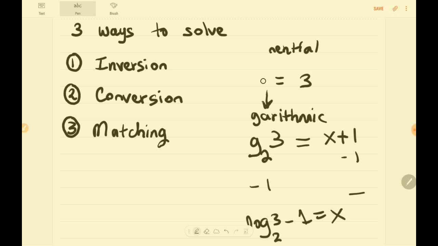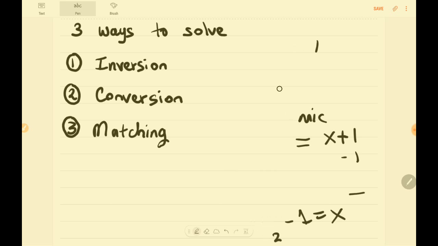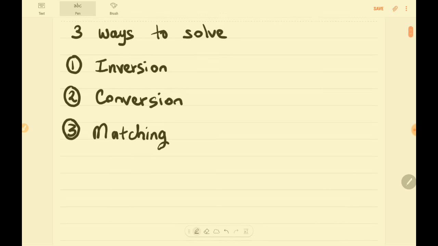The third way is matching, and that was what most of the problems in 4.2 were all about, or the method that was the easiest. We used it a lot. So we had something like 3 to the x equals 9, and then we would try to rewrite 9 as a base 3.